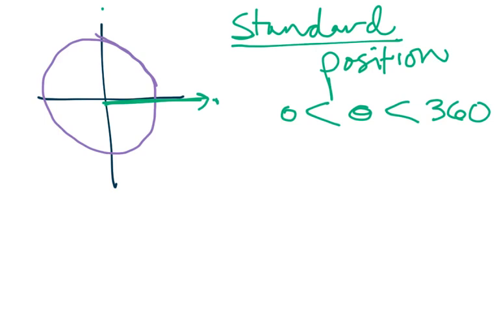So let's say I want to know where is 500 degrees. Where's 500 degrees? If I was going to draw that, I'd start here at 0. There's 90, there's 180, there's 270, and there's 360. I just keep going. So there's 450, right? This is 360. And so I would do another 50 degrees here.